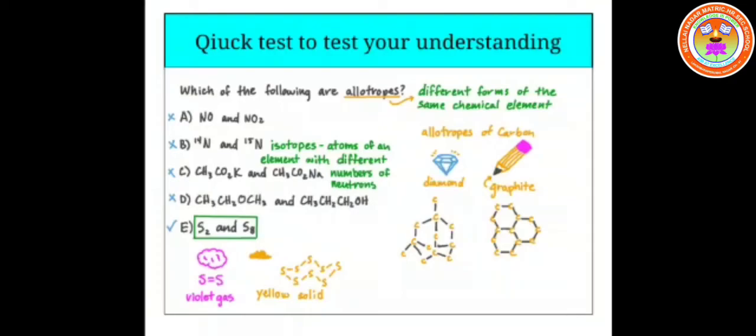Coming to the third option, potassium salt of ethanoic acid and sodium salt of ethanoic acid. What are they? They are salts. They are not allotropes. Okay. Coming to the next one, they are functional isomers.